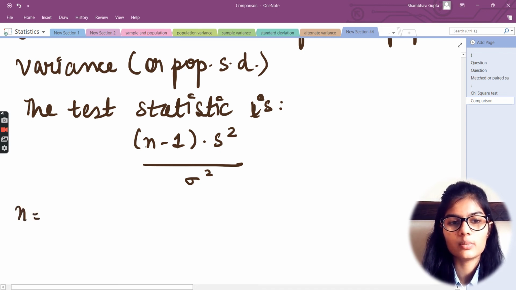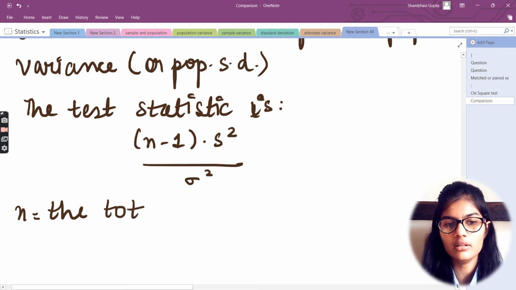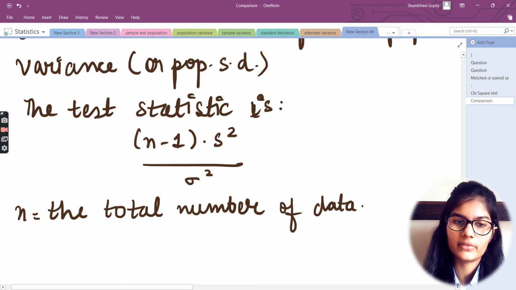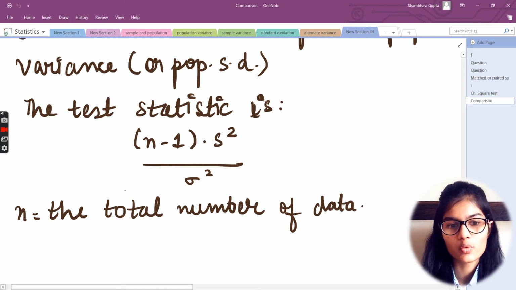In the one which I mentioned at the very starting, that is basically the total number of data, right? So the term which we are using out here, which is n, that is the total number of data, right?